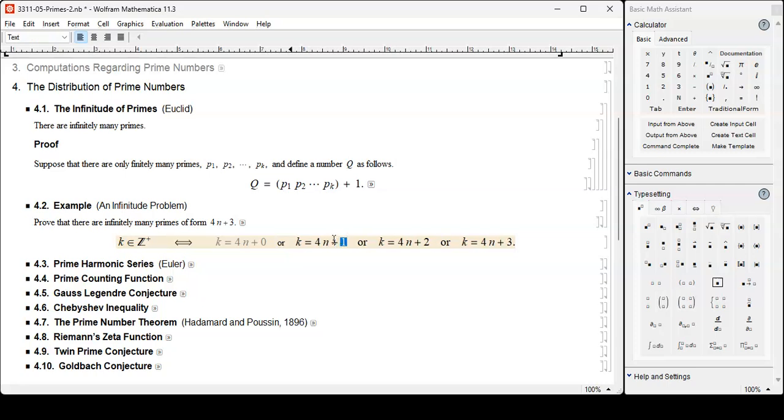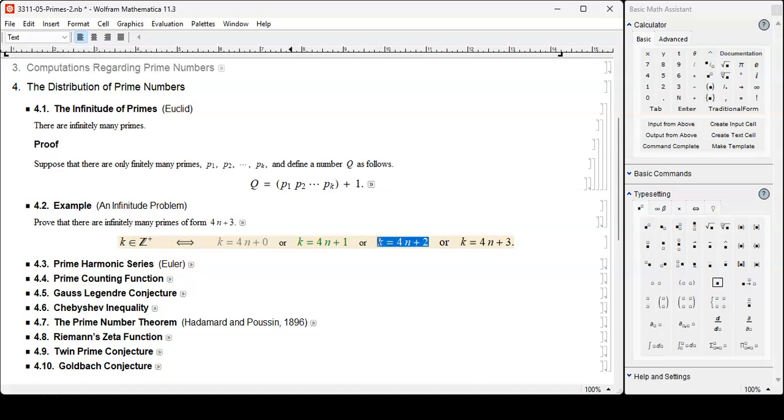Next, how many primes are there of the 4n plus 1 form? It turns out there are infinitely many, but we're not ready to prove it yet. Several weeks later, we are going to come back to that, but not just yet. That'll have to wait, and let's go to the next, 4n plus 2 form.